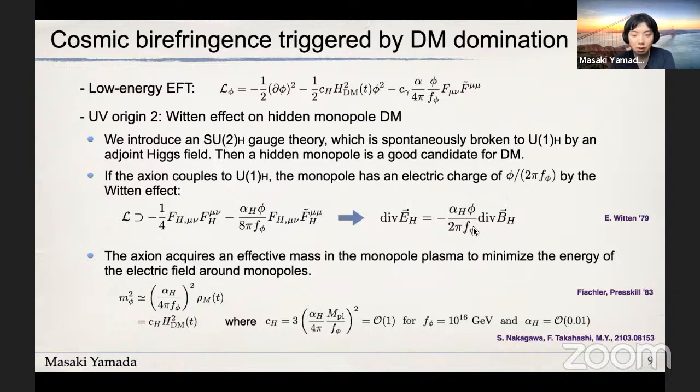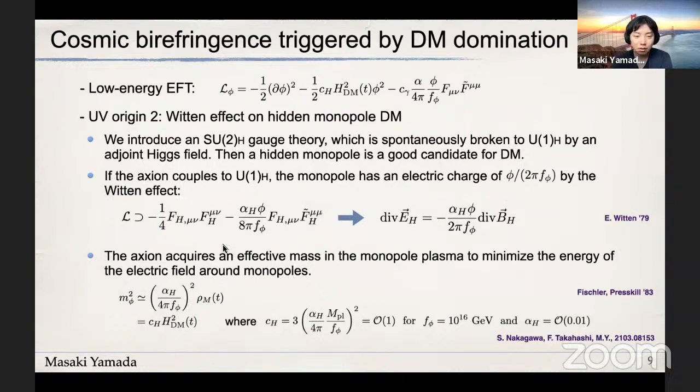Okay. So this implies that the axion acquires an effective mass in the monopole plasma to minimize the energy of the electric field around the monopole. If the axion field value is non-zero, then the monopole has a non-zero electric field, and it has a non-zero electric field energy. So in order to minimize the energy of the electric field, the axion should have a smaller energy.